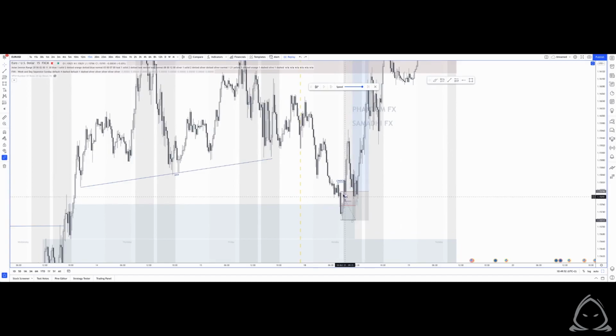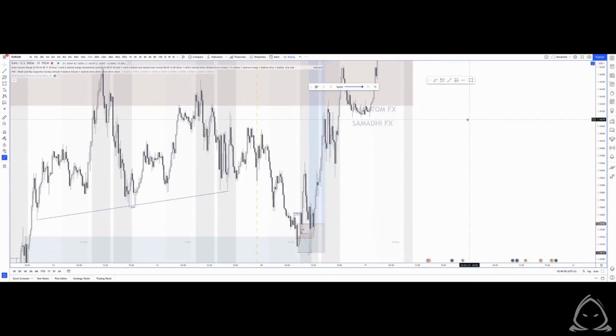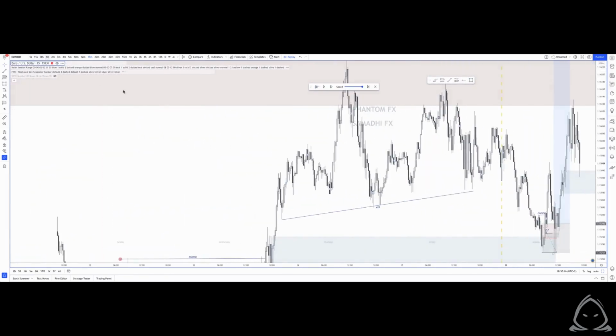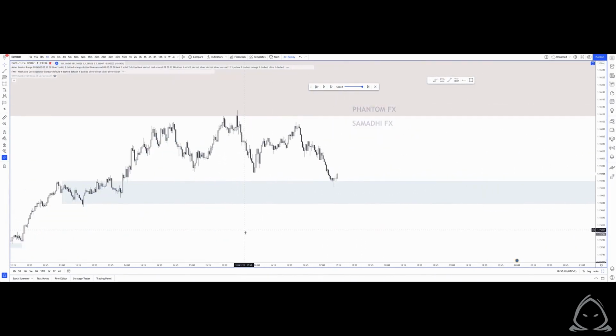If you use this one, we had 1 to 7. Okay, and again, price tapped into again, pulled back, reached this 15 minutes demand, New York session. So basically it's a good timing to take another entry, 1 minute.